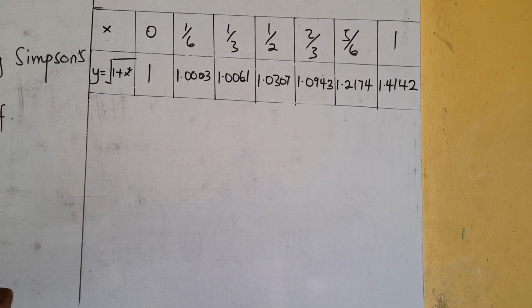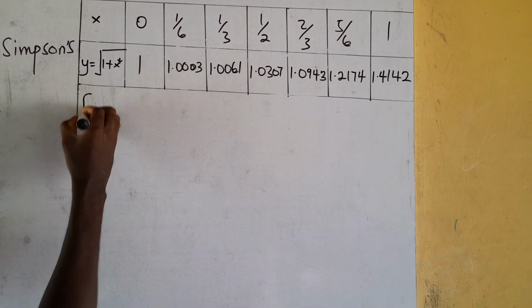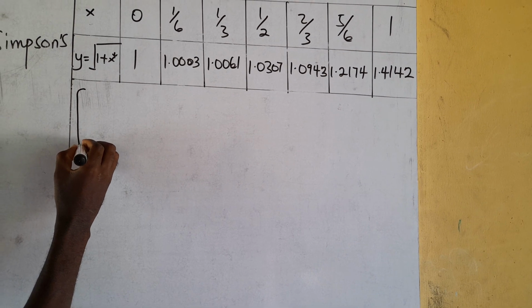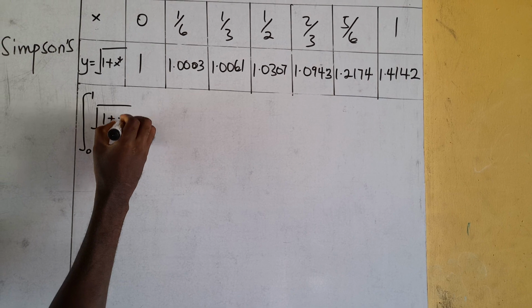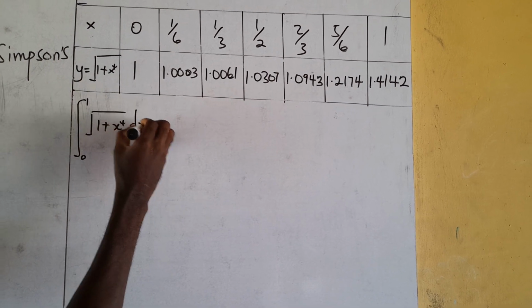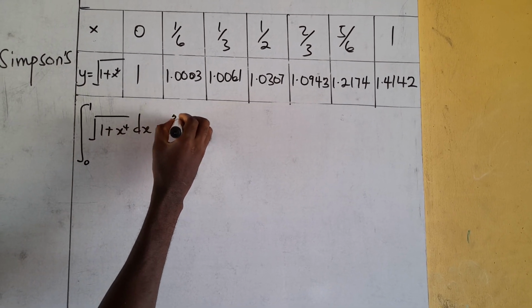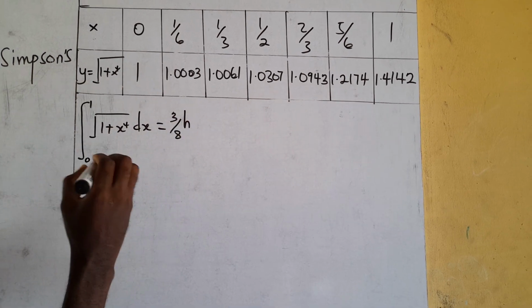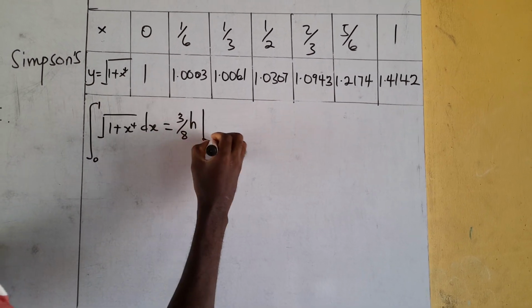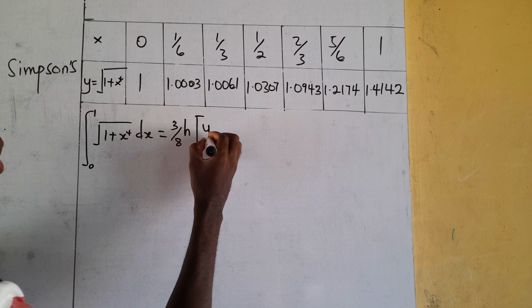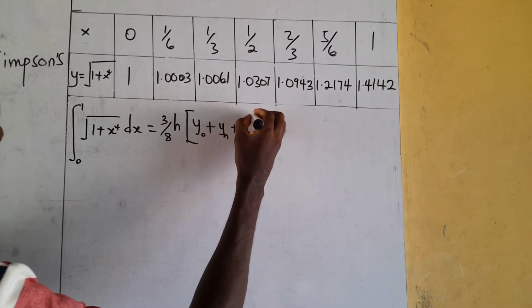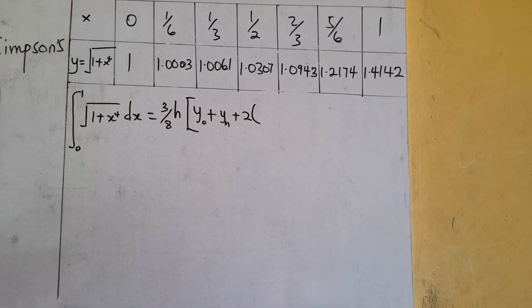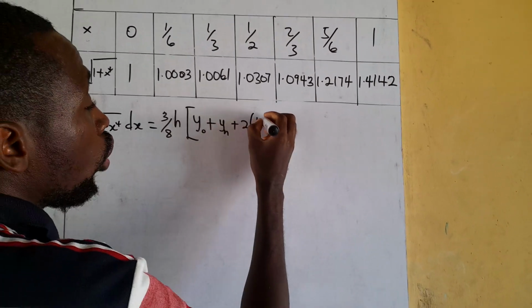So Simpson's 3/8 rule is saying that our integral spanning from 0 to 1 of the function square root of 1 plus x exponent 4 dx will be equal to 3/8 h times our y0 plus yn plus 2 times all the values of y that are in multiples of 3 positions.